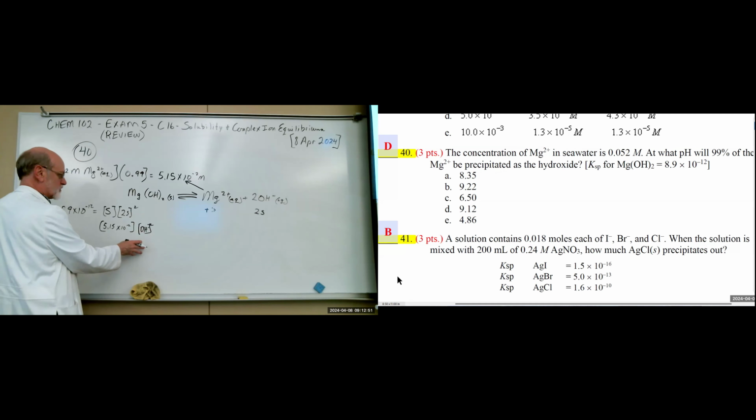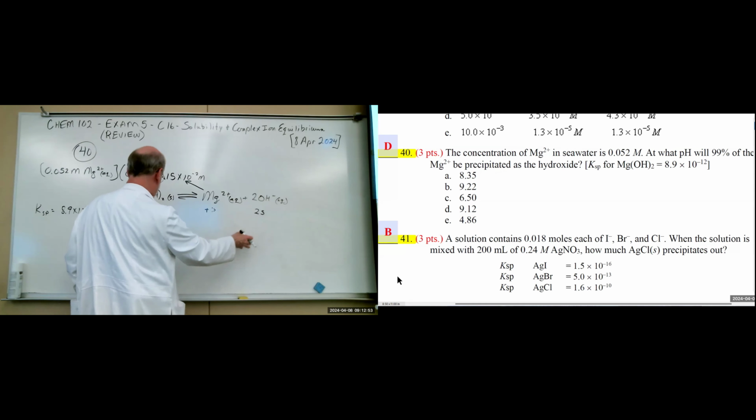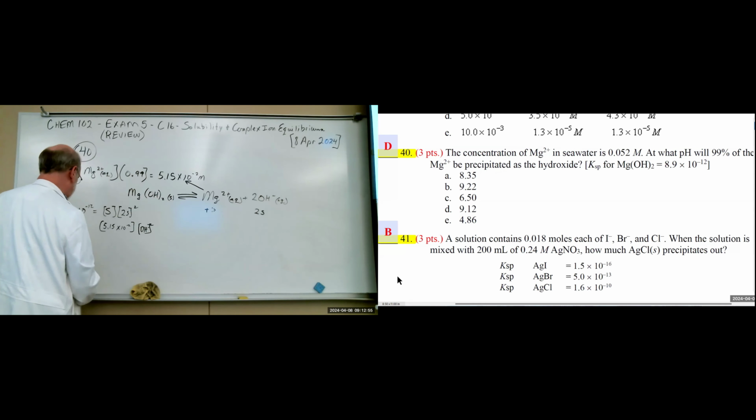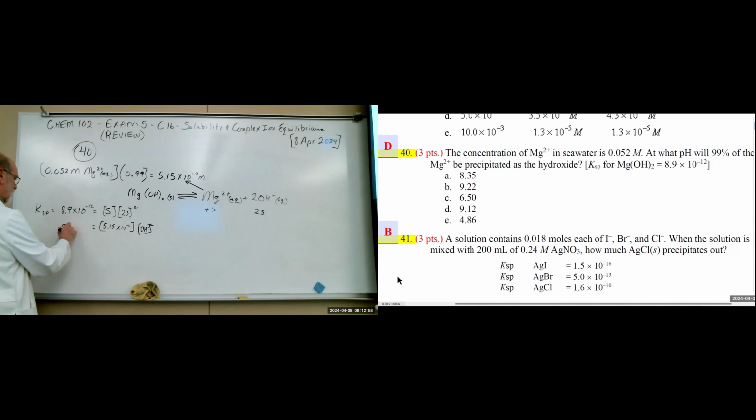The hydroxyl concentration is actually equal to 2S. So we substitute hydroxyl in there. And that's equal to 8.9 times 10 to the minus 12. Right, so we can solve for OH minus. It would be this one divided into that one, and then take the square root of it. Okay. 8.9 exponent minus 12.